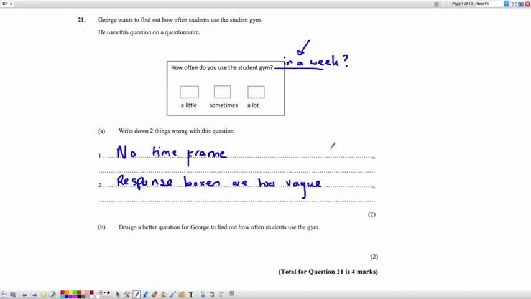Now, to improve this, it would be better to use numerical values. So here, how often do you use the student gym in a week? So our first response box could be no time, then 1 to 2 times, 3 to 4 times, and then 5 or more.